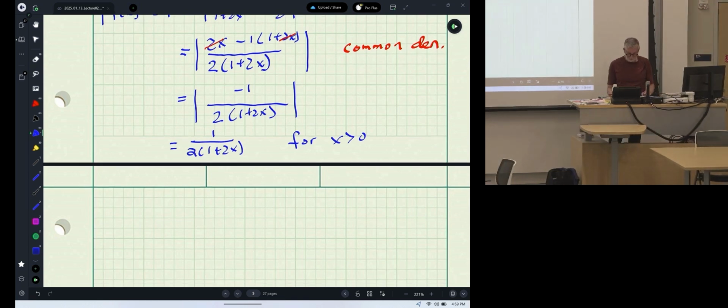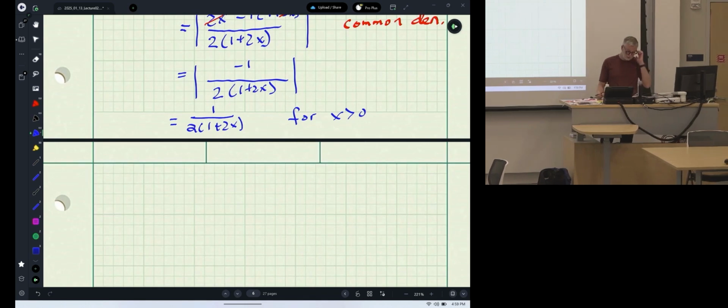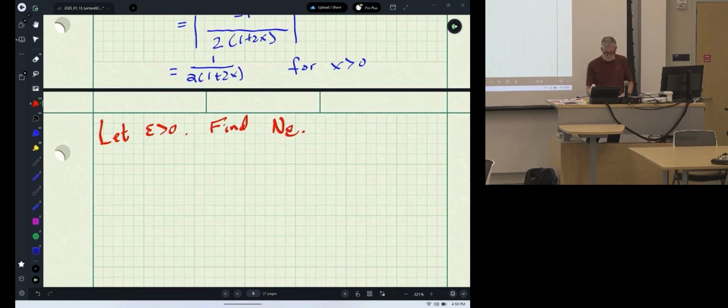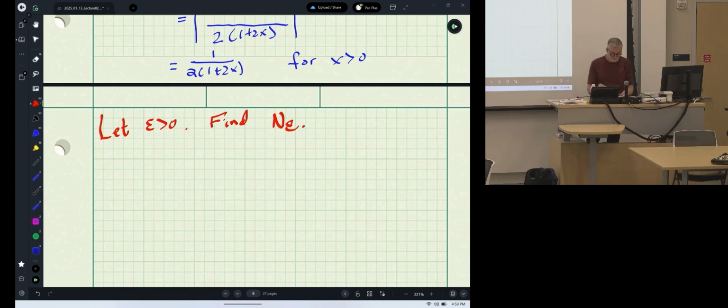Okay. So now what is n sub epsilon? Okay, so we want to find the value. What does it mean?